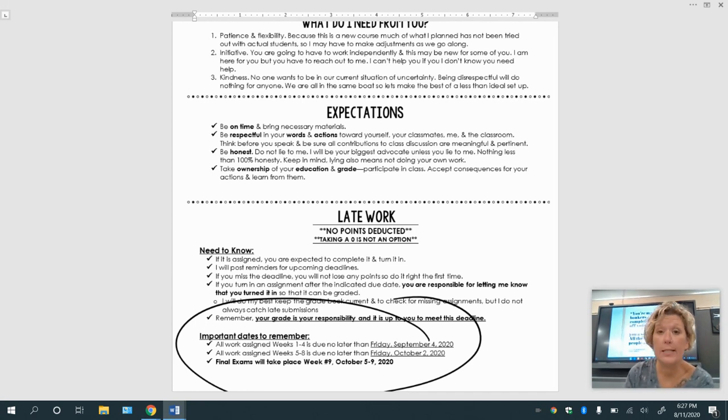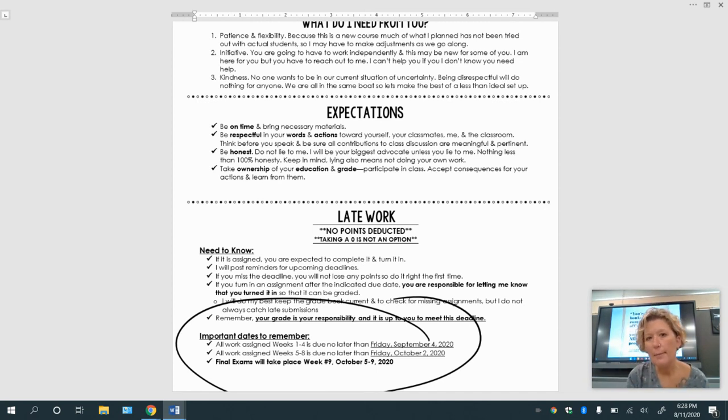We have to have some deadlines in here, or else you'll be turning it in all at the end, and nobody wants that. All work assigned between weeks 5 through 8 is due no later than Friday, October 2nd. And final exams will take place in week 9, which is October 5th through the 9th, with the 9th being our last day of this quarter.